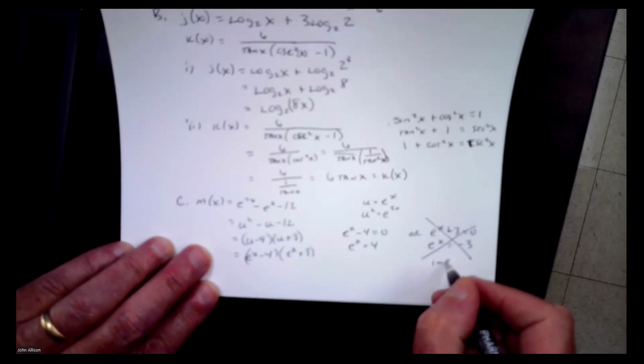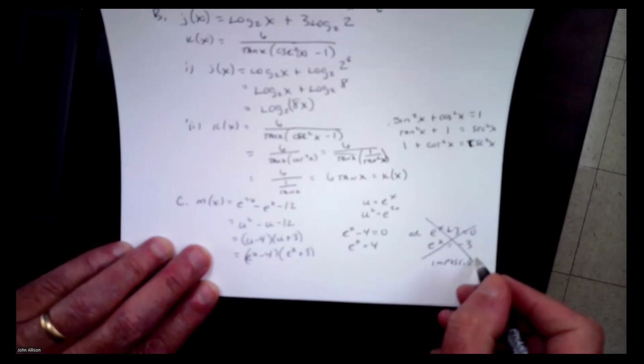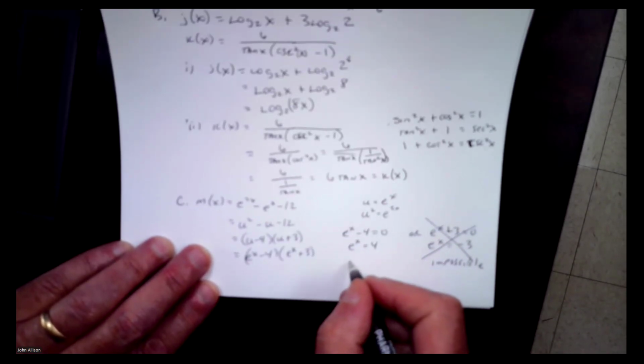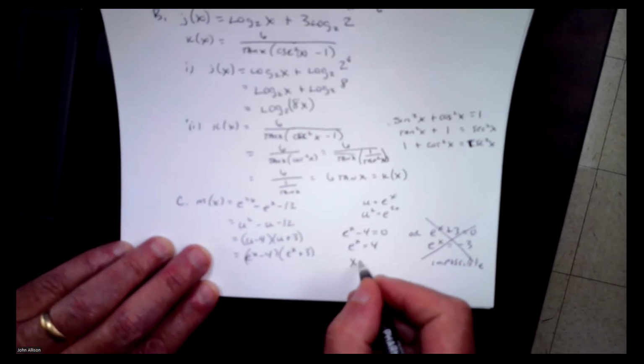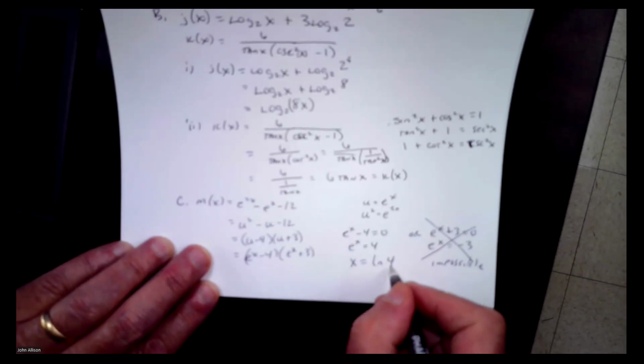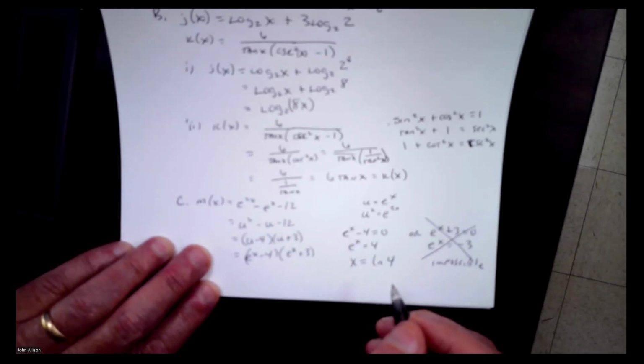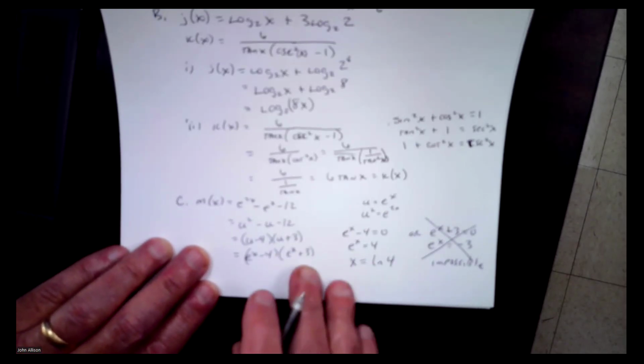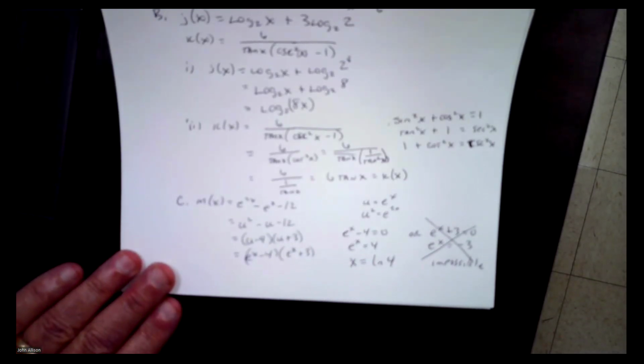This is impossible. Here, we'll solve for x by taking the ln on both sides and get x equals ln 4. And that would be all the input values in the domain of m that will yield an output value of 0. And that's question 4.